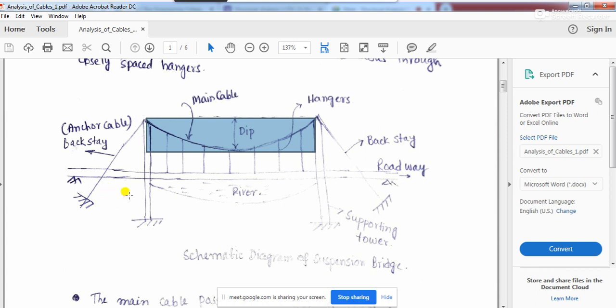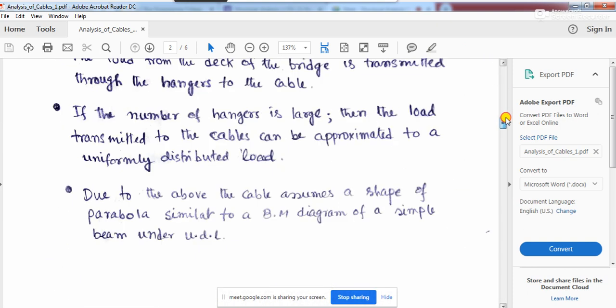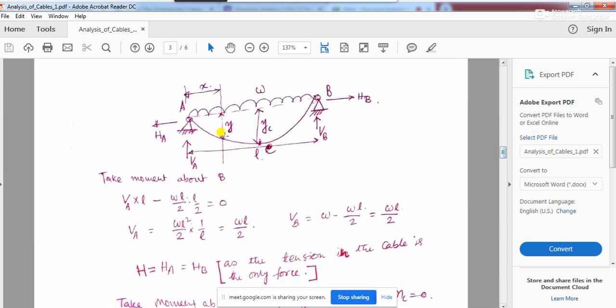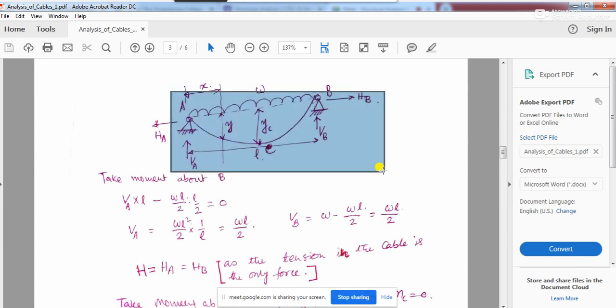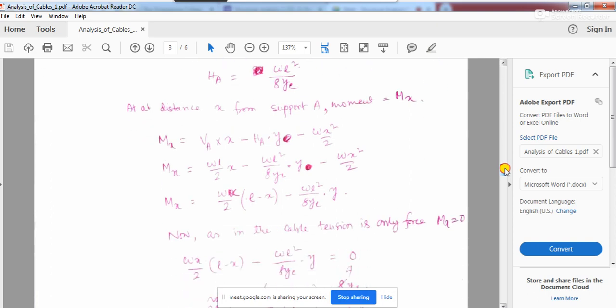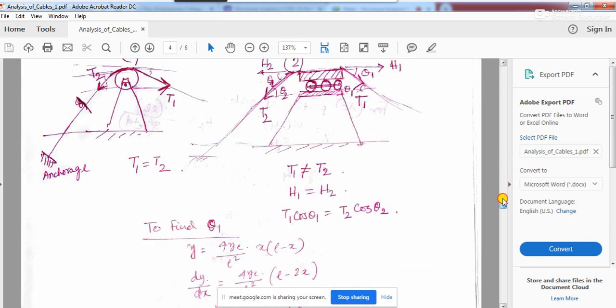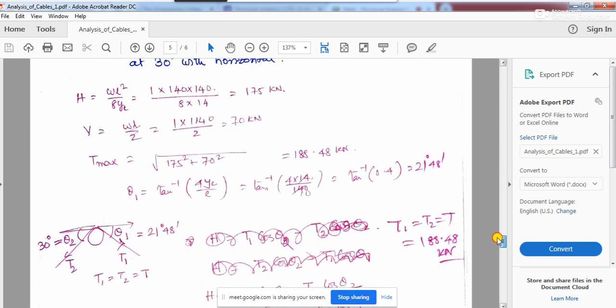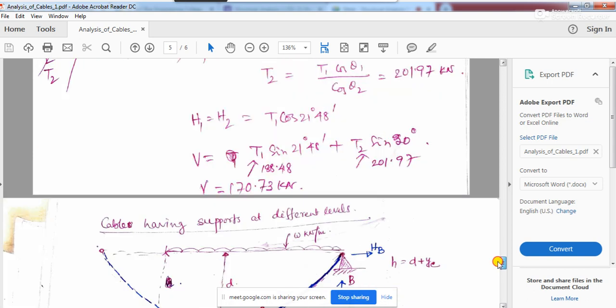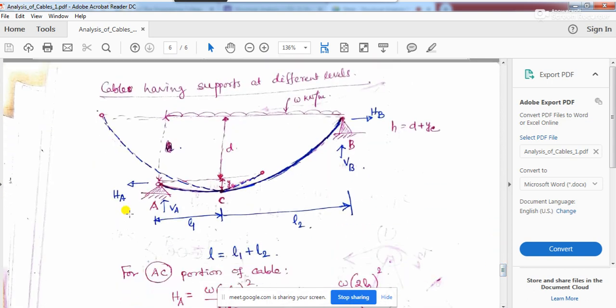If you see the diagram, it will be clear. When the supports are at the same level, you get a diagram like that. But if the supports are at different levels, I'll show you with the diagram in the handout. It is given just at the end of the handout, you will notice. So this kind of diagram you are going to get.